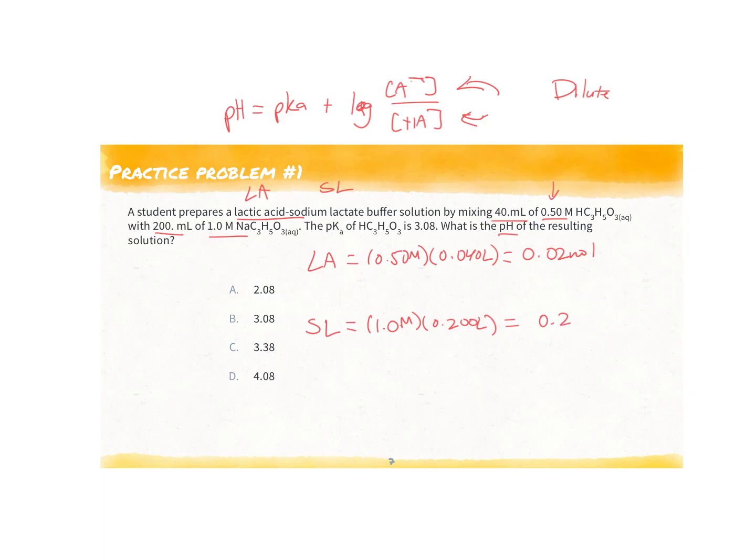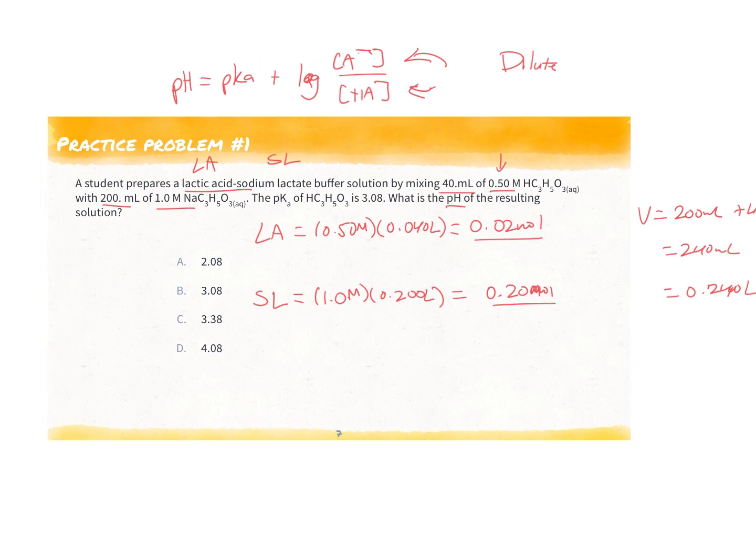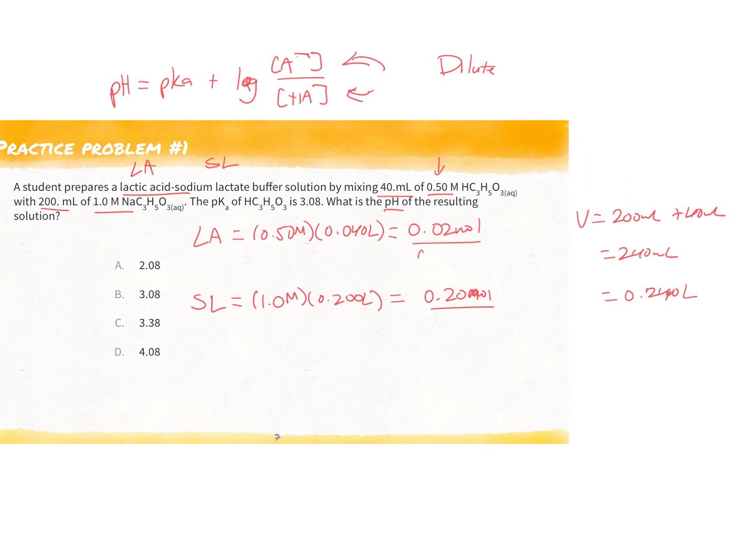That gets us 0.20 moles. And then we just divide it by the new volume. The new volume is 200 milliliters plus 40 milliliters, which is 240 milliliters. That's the same thing as 0.240 liters, because we just divide by 1,000. So I just divide both of these by the new volume.